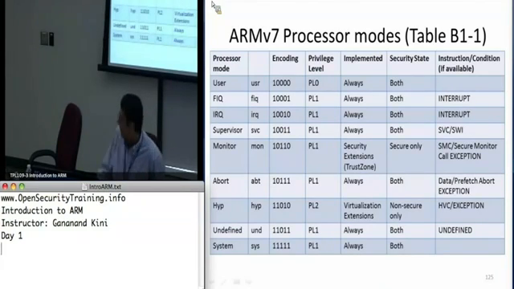Abort happens when you have a data or prefetch abort or misaligned memory access, and you can enable or disable these interrupts again. Finally, you have the hypervisor. The Cortex A15 processor has been shipped out to all the vendors.